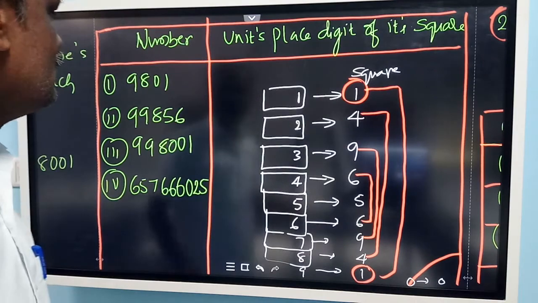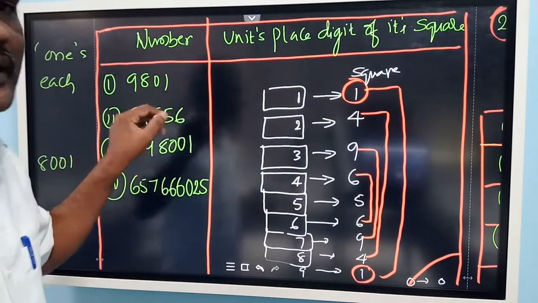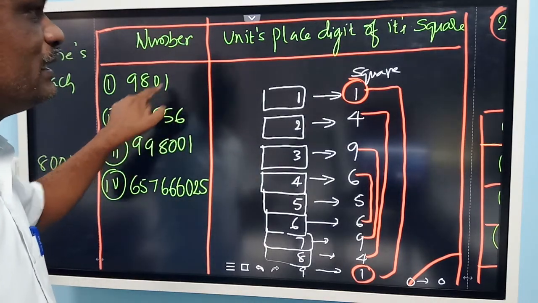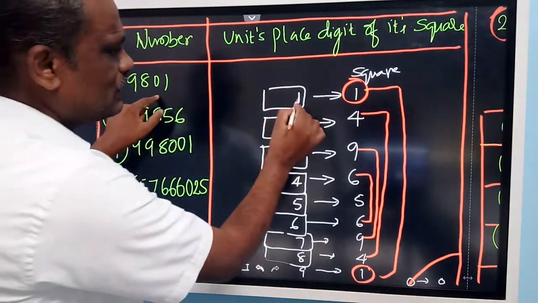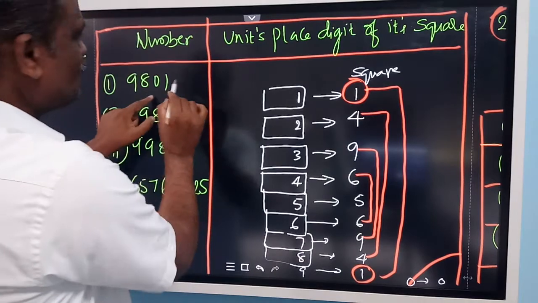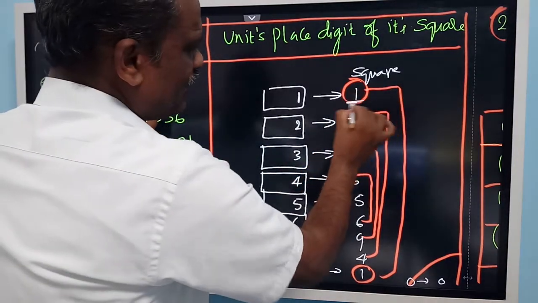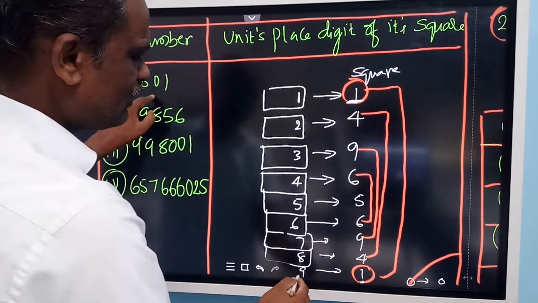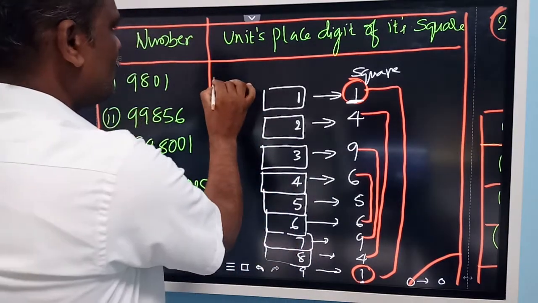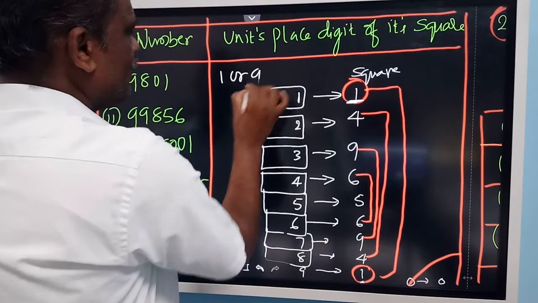Yes, sir. Now, suppose a square number ending with a digit 1. Its units place digit must be either, what is the number? Ends with 1 means, see, a square number ends with digit 1. Here we have two chances, 1 and 1. Its square root should end either with 1 or 9.